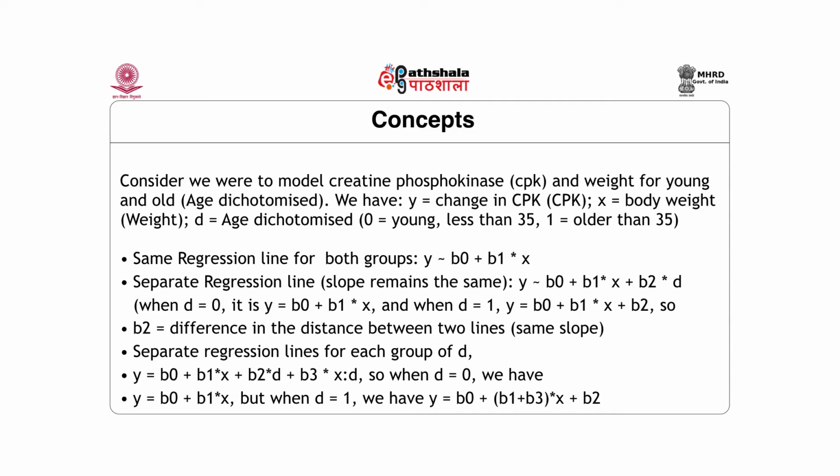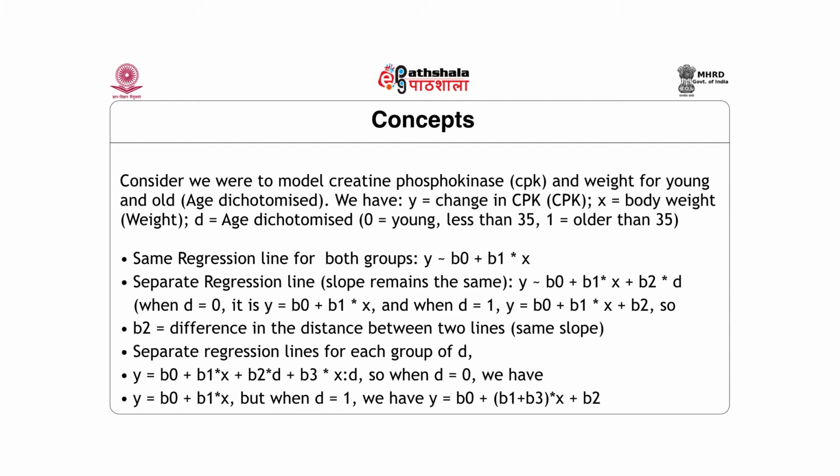So we'll say, okay, let's fit some separate regression lines. In this, the slope remains the same. Think about it. The slope basically tells you that with each increment in the body weight, what is the change in the creatine phosphokinase?